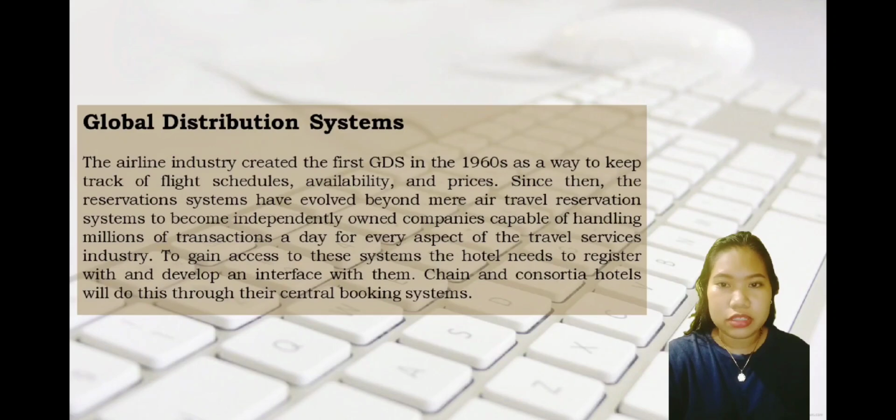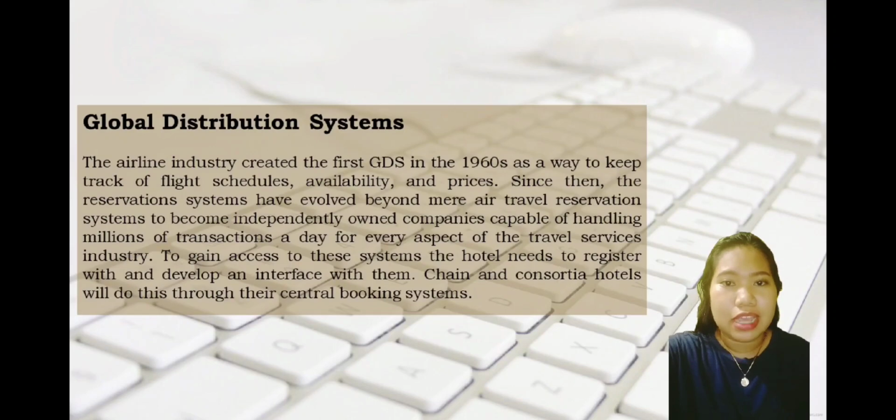To gain access to these systems, the hotel needs to register with and develop an interface with them. Chain and consortia hotels will do this through their central booking system.